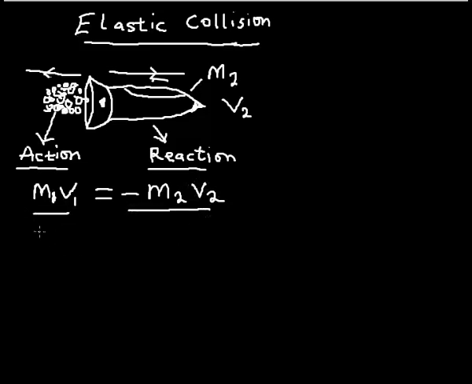The minus sign shows that the action is equal and opposite to the reaction, it is just an indication of direction. So if I'm solving a question, I may not necessarily need to apply the minus here. Please take note of that.